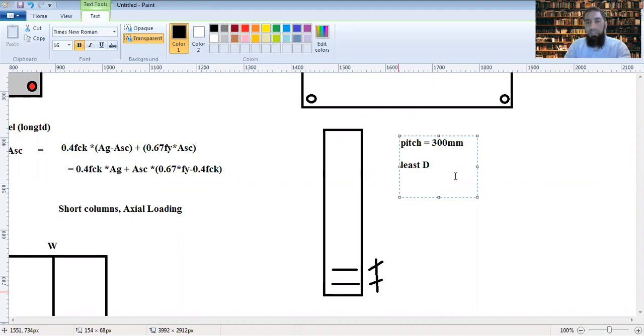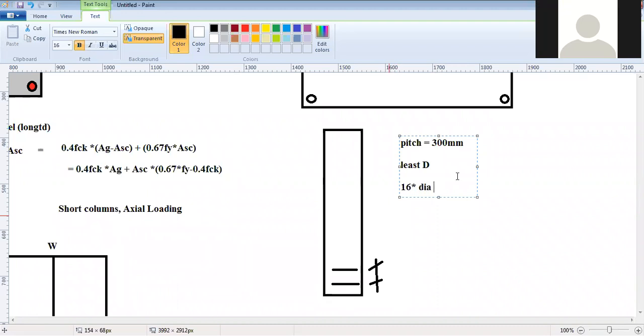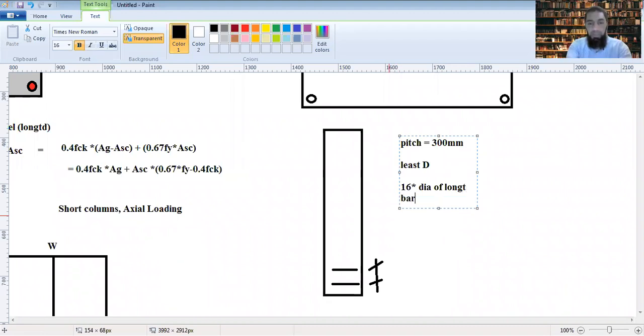16 times the smaller diameter of the longitudinal bars. The diameter of the longitudinal bars, 16 times. Which one? The least diameter.